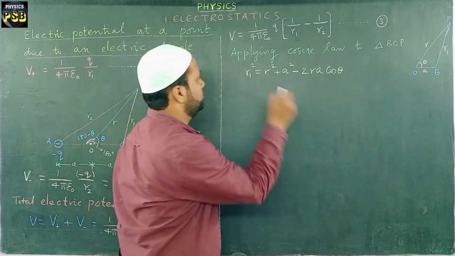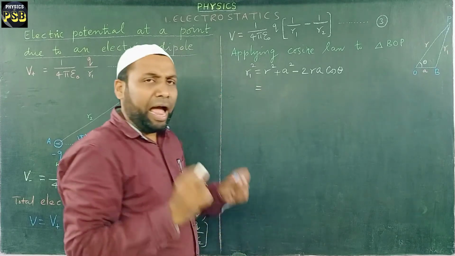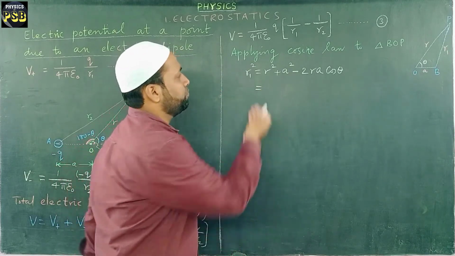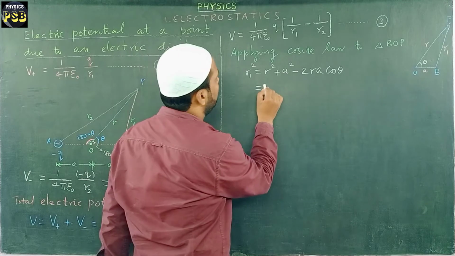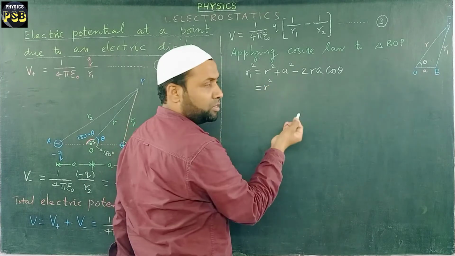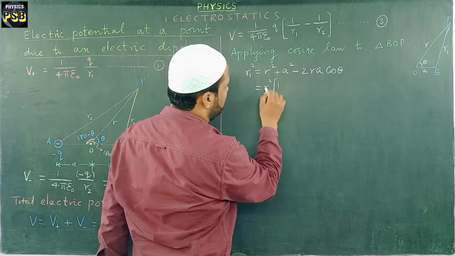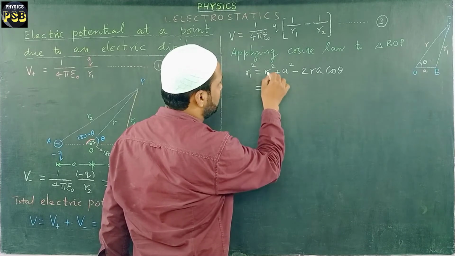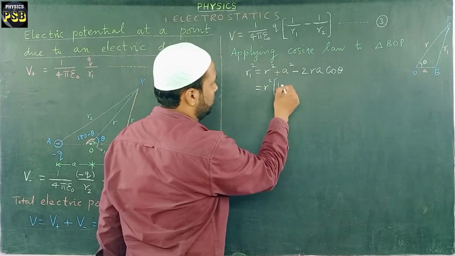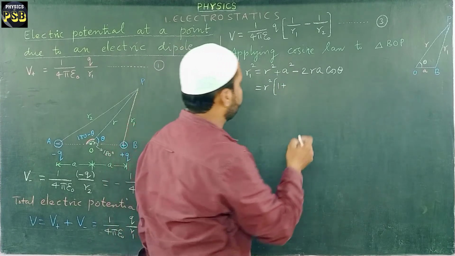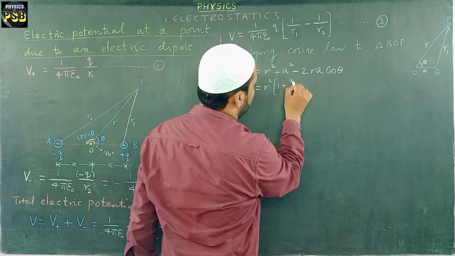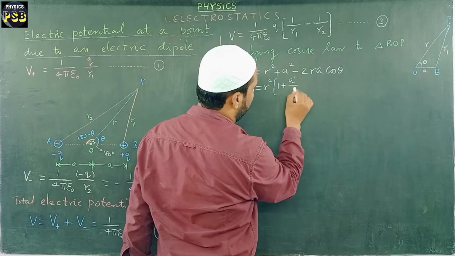Then after that, I make small changes to this. I take r square common. If I do so, what remains here is 1, since 1 into r square is r square. So 1 plus a square divided by r square.